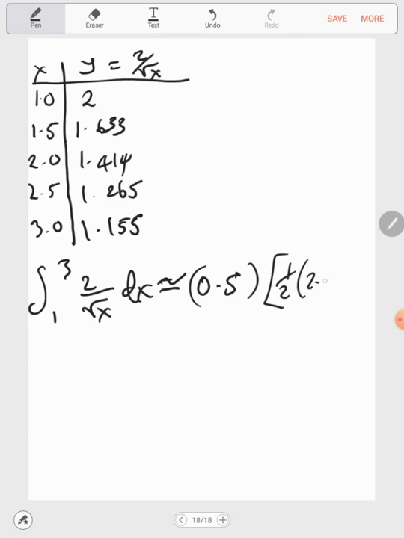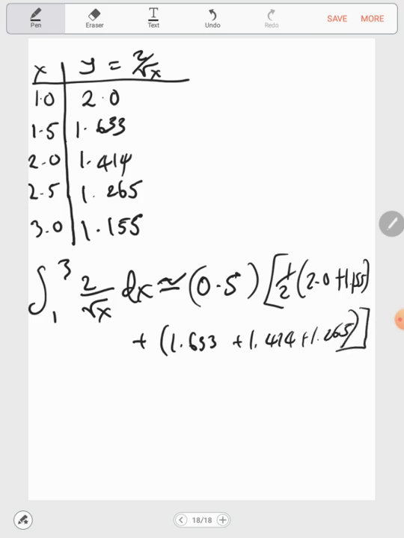The first is 2.0 plus the last one, 1.155. Then we add the remaining y values: 1.633 plus 1.414 plus 1.265.